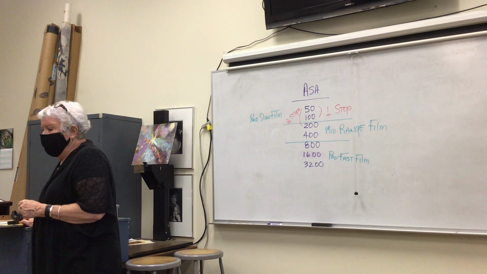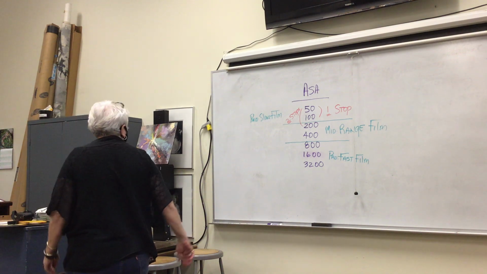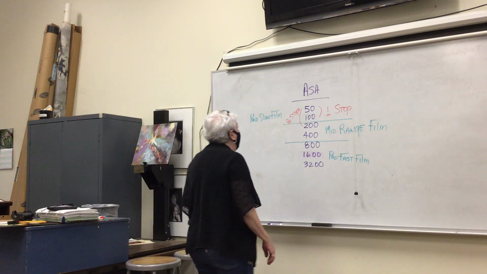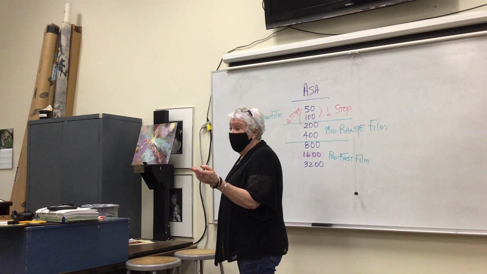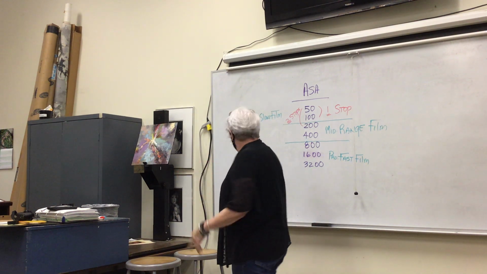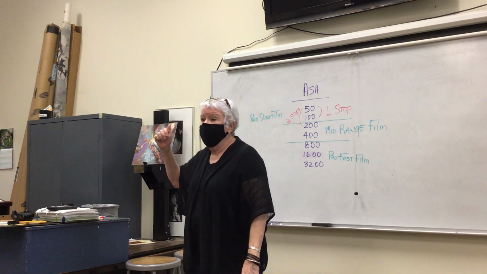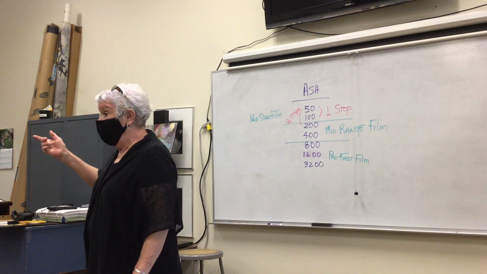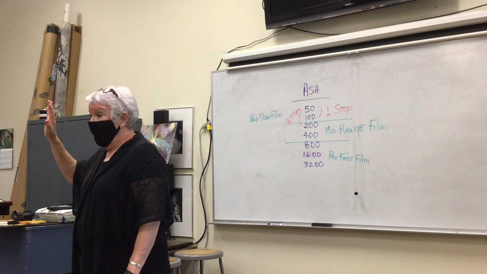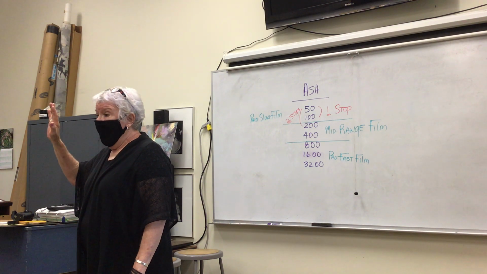Okay, so we're back to this. And remember the law of reciprocity. For mid-range films, but you buy those professional films that are very slow, architects use it, I used it, ASA 50.